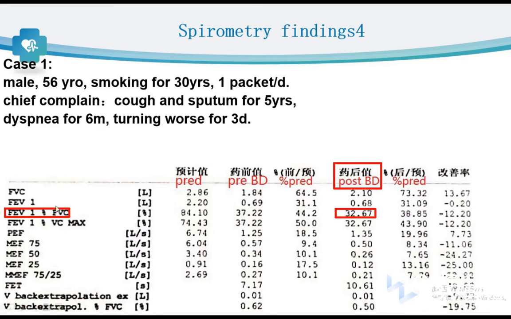And later we need to look at here the FEV1 in predict. And after using of the bronchodilators, you find the data is 31.09%, between the 30% to 50%.